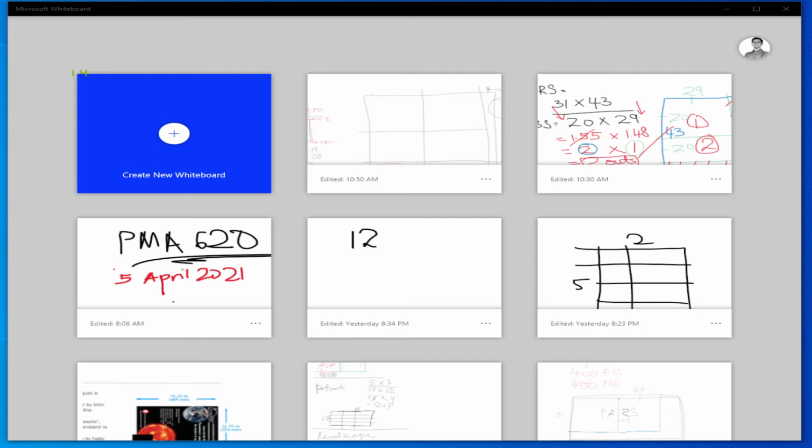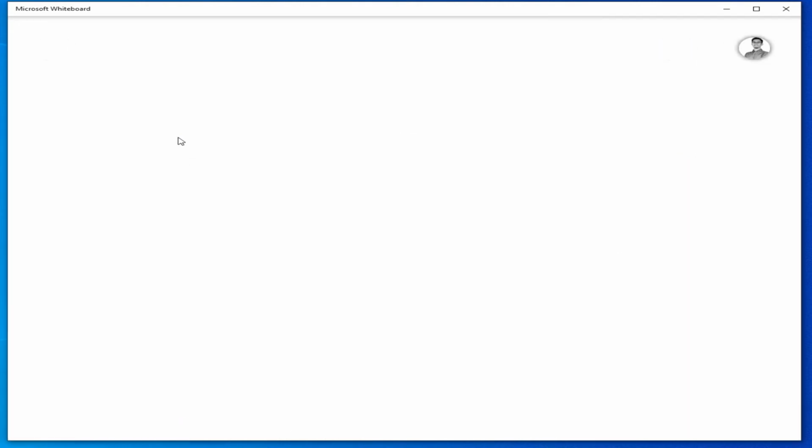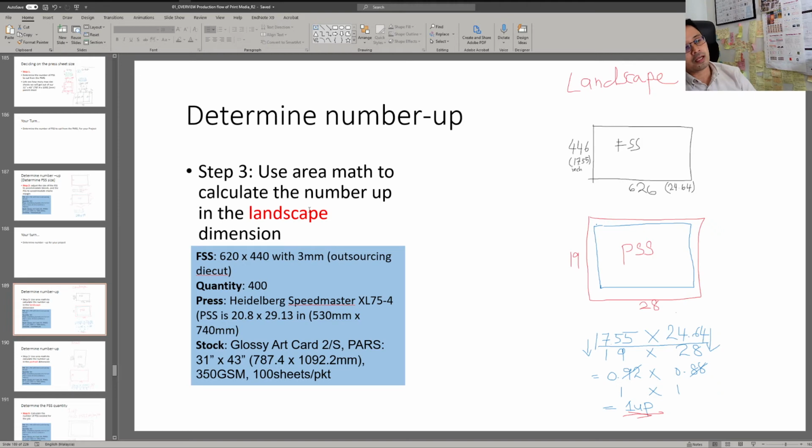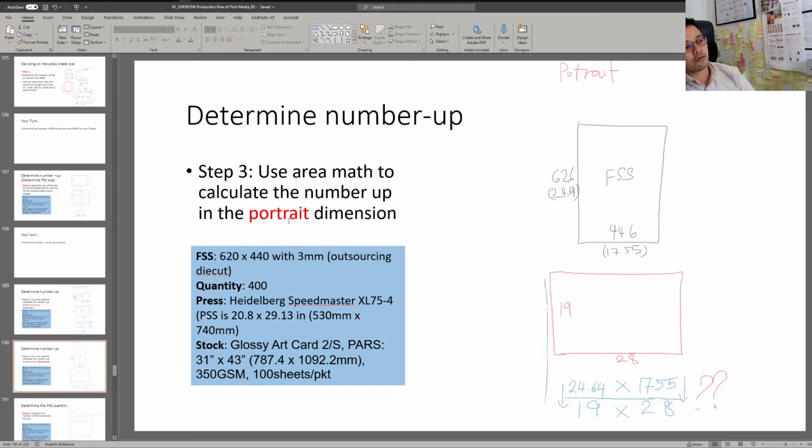Okay, no. Next, we going to discuss about number of up. Okay? Number of up. Okay, step 3. There is two way to do this. Number 1, we can calculate in the landscape direction, and we can calculate number of up if we put in the portrait dimension.